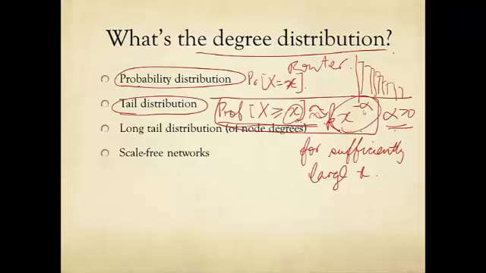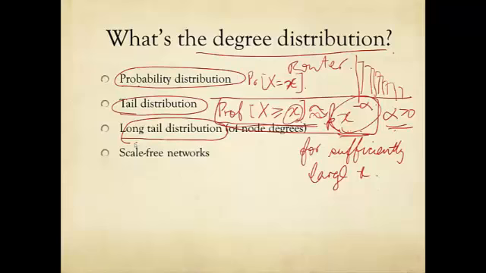So what's so special about the tail of the degree distribution going down like x to the power minus alpha? Well, it turns out that this kind of distribution is a so-called long tail distribution. And we'll see why they're called long tail as opposed to short tails.